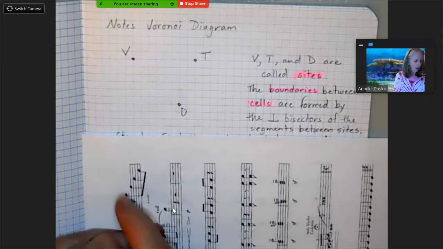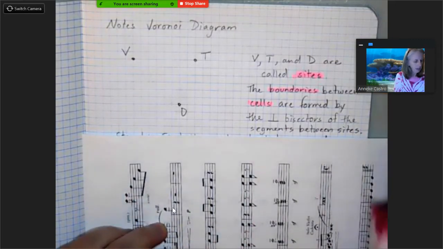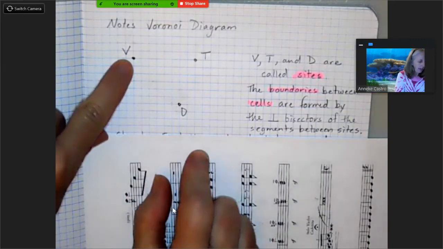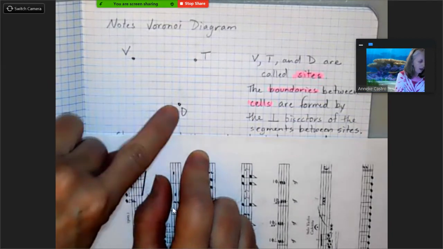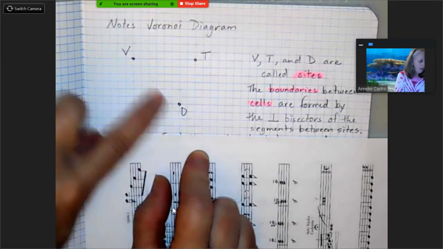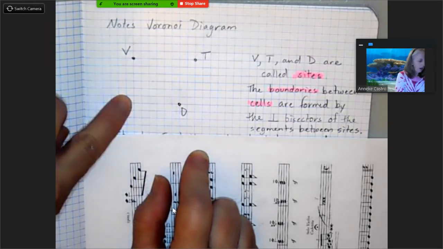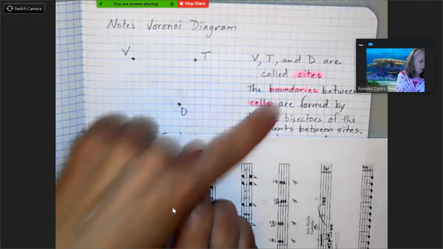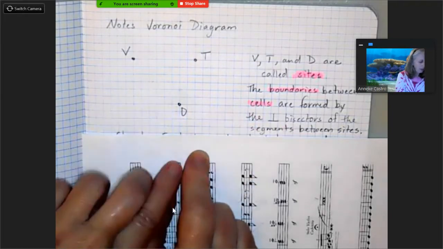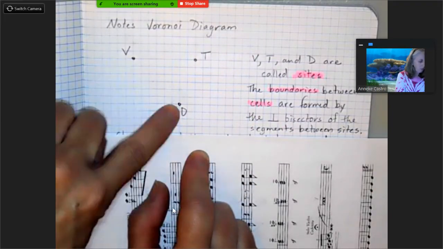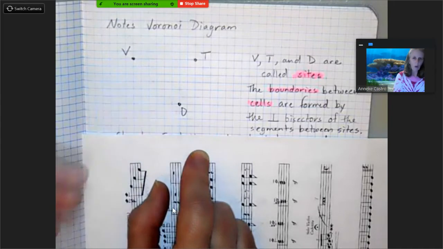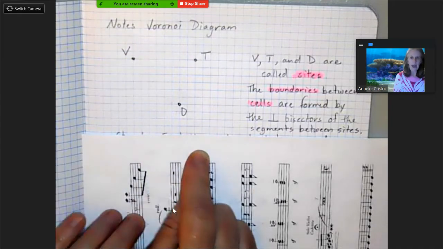So what we figured out in Desmos is that if we connect one site to the other, and then we find the midpoint, we're going to draw a line perpendicular through that midpoint, and that's going to form the boundaries. So the boundaries are the perpendicular bisectors of the segments between sites. We're going to write down step by step how you would actually do that.